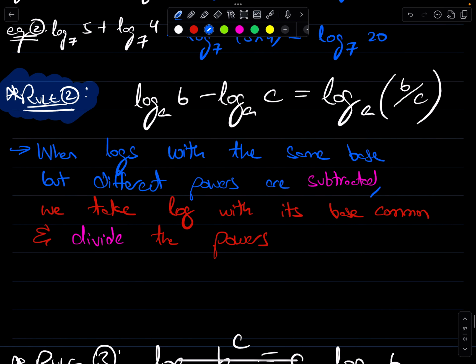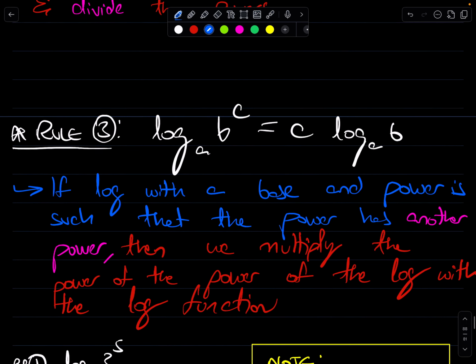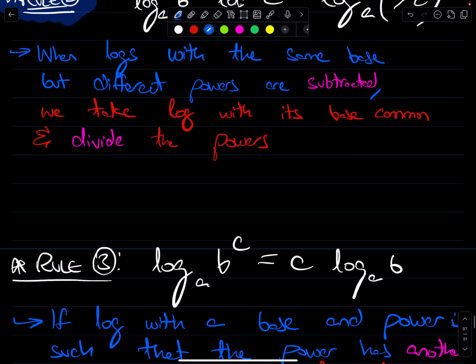And the second rule. What if logs with the same base but different powers are subtracted? Then we will take log with its base common and divide the powers. Like, let's just say, for example, I have log base 3 minus log base 3 to the power 2.